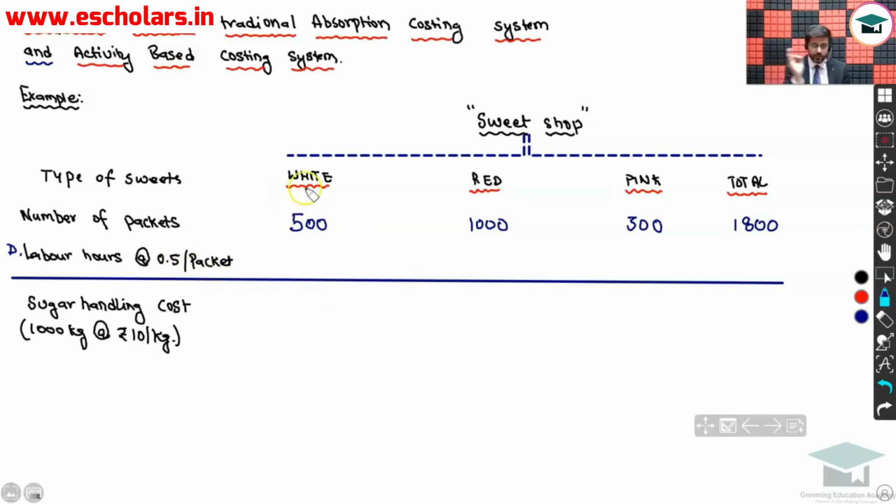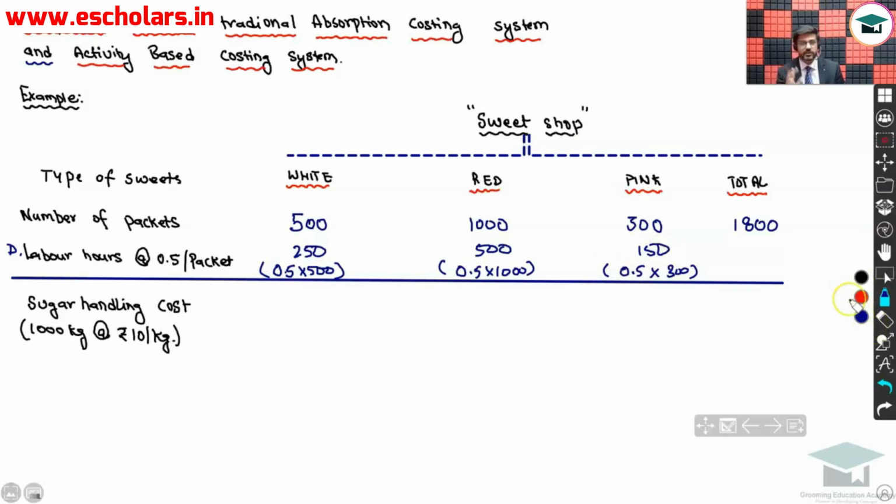So for white, how many total hours do we need? 0.5 into 500, that means 250 hours. For red, 0.5 into 1000 packets, so 500 hours. And for pink, 0.5 into 300 packets, so 150 hours.